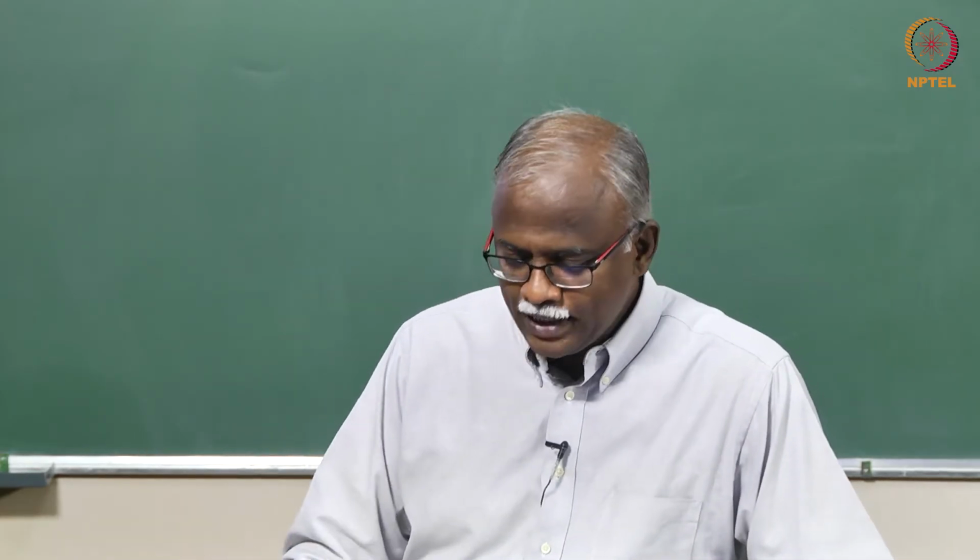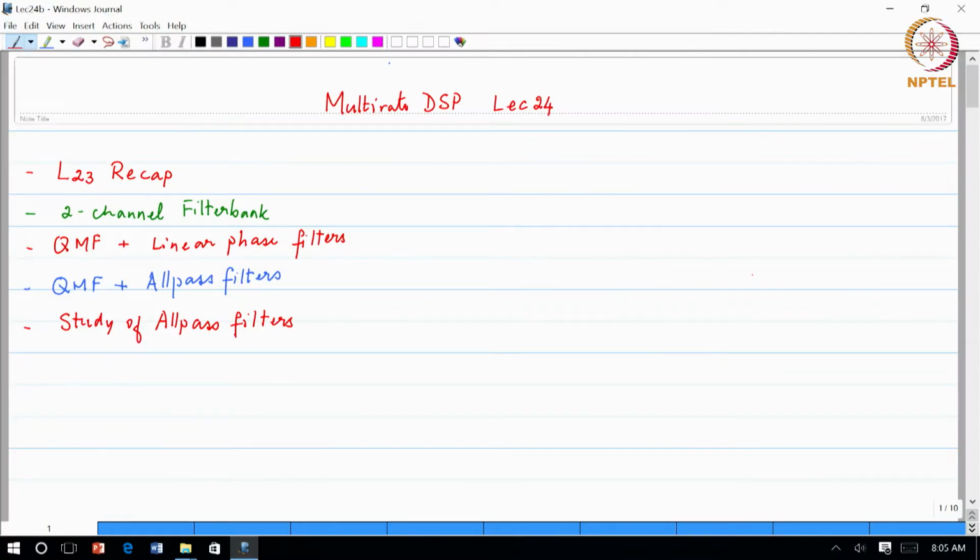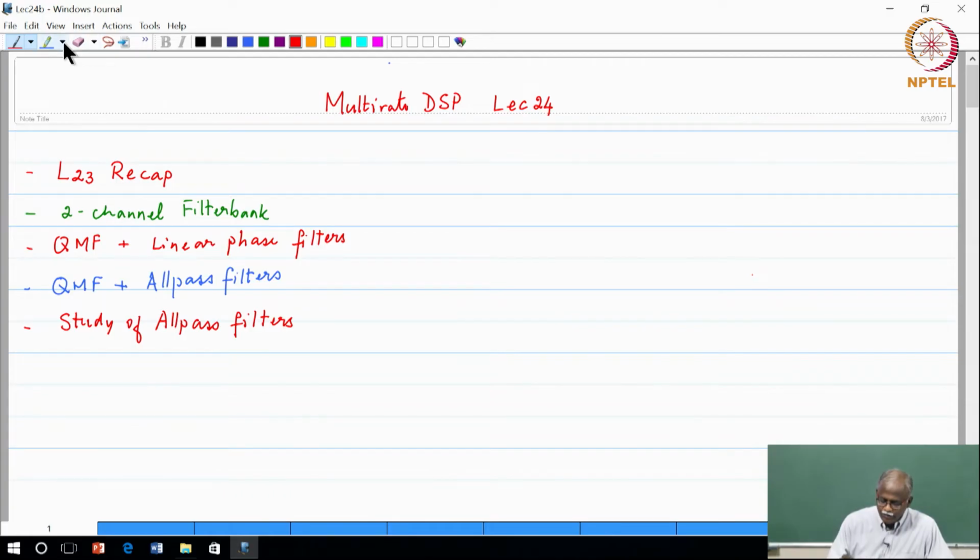So just to quickly summarize the key results from the previous lecture, we are looking at the two channel filter bank. Add to this that it is a maximally decimated filter bank, and also that we are using the quadrature mirror filter property, so that we have to design only one filter.